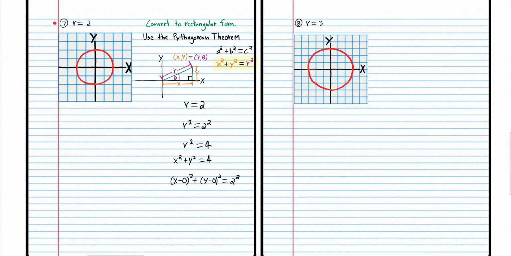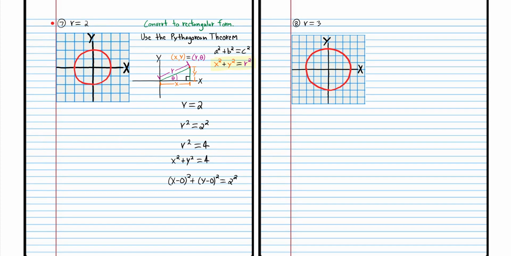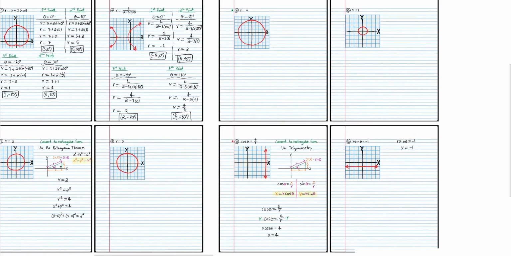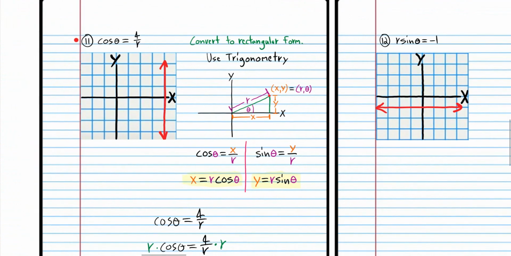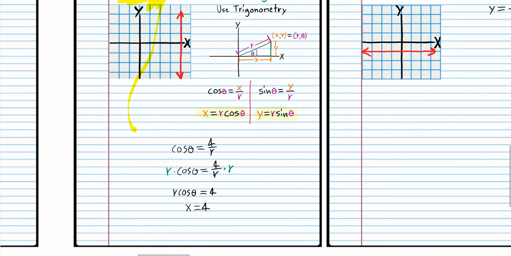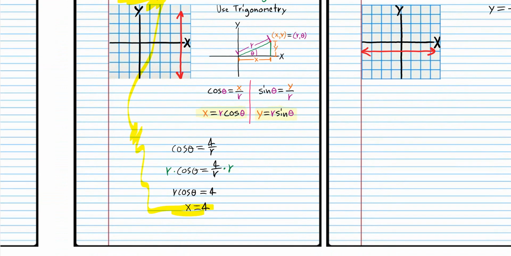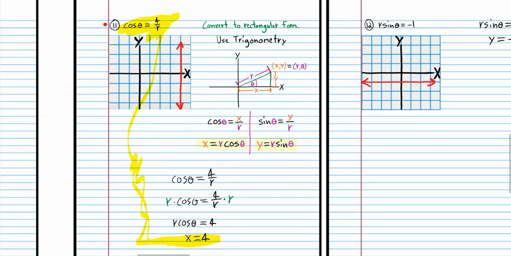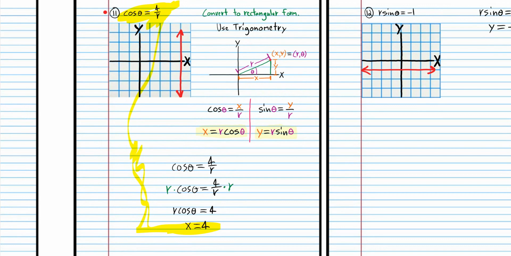So we converted from polar form to rectangular form. And we did that here too. We had cosine theta is equal to 4 over r, and we converted to x equals 4. X equals 4 is the same thing as cosine theta equals 4 over r. So we converted from polar form to rectangular form.